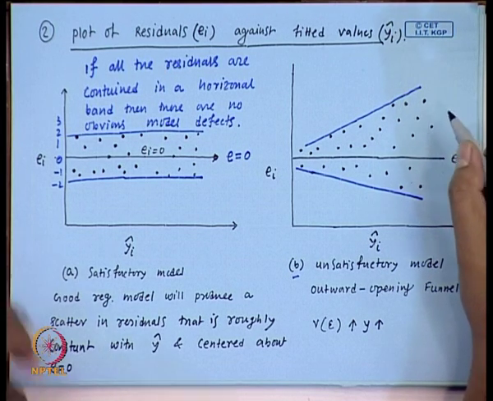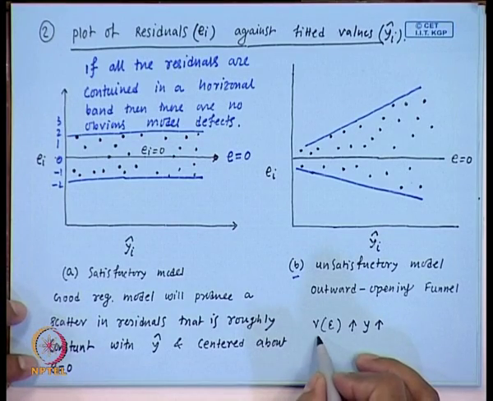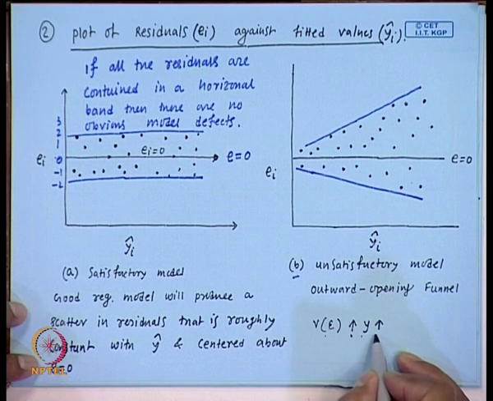We have assumed that the variance of epsilon is constant, that is sigma square, but if in the plot of e_i against y_i hat the pattern is like an outward open funnel, that indicates that the variance of epsilon increases as y increases.